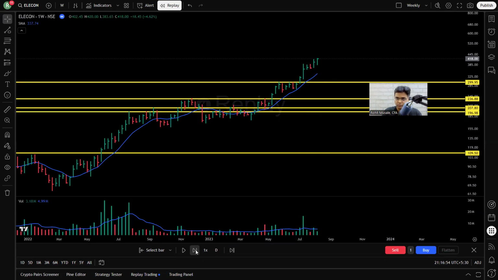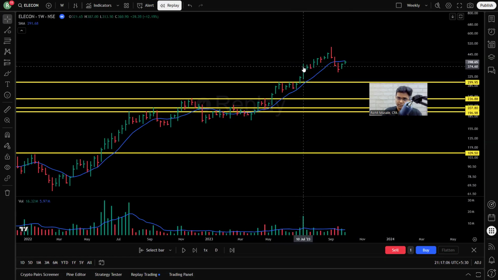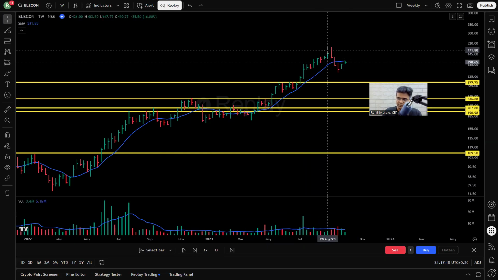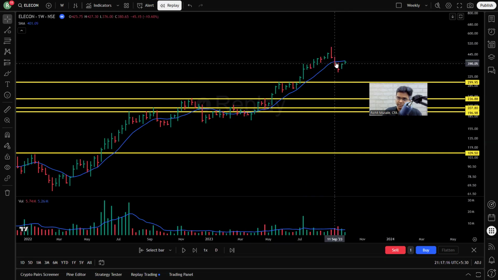Let's see. So now we are hunting for base number 4. After this breakout, there is not a single bar after which there are 3 consecutive lower bars except for this candle. Okay. So after this bar, these 3 bars, the entire bar is below the high of this bar.